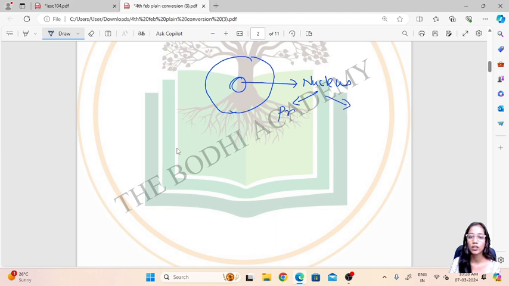First is the positively charged proton, and the next thing which we have is the neutral neutrons. Now outside the nucleus we have electrons revolving around the nucleus in circular paths or orbits of discrete energy levels.